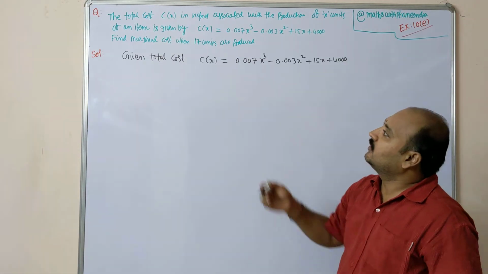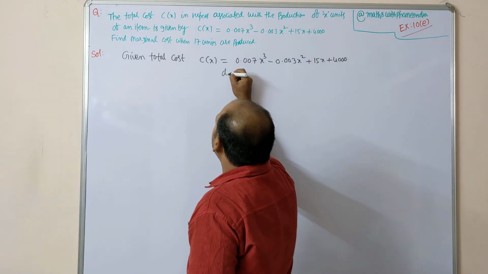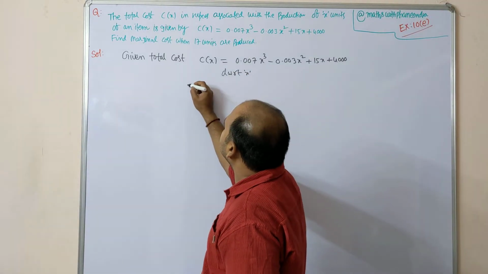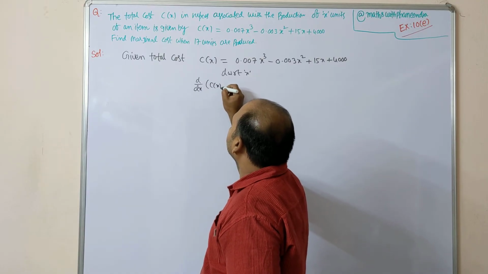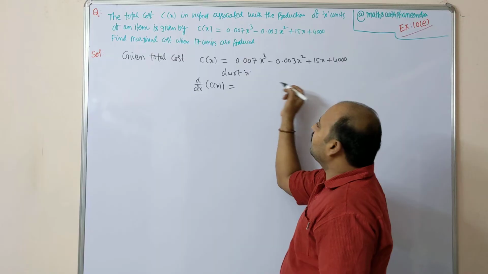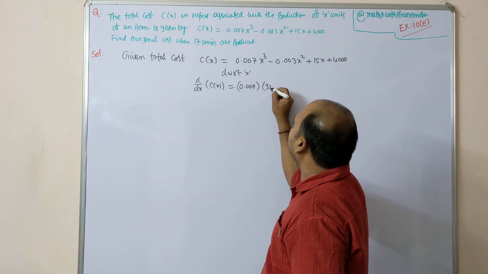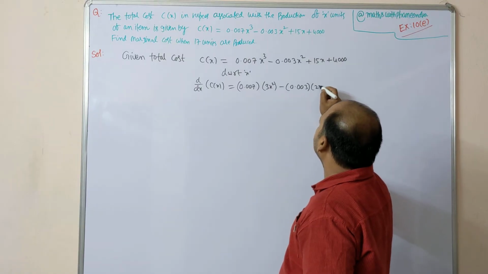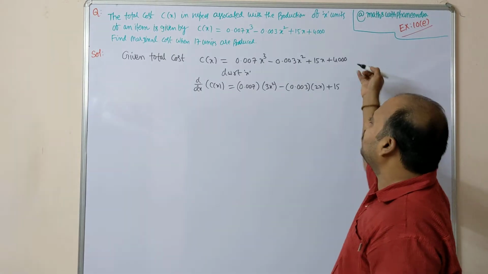To get marginal cost, we need to differentiate. Differentiate with respect to x, and you will get marginal cost. So d by dx of C(x) equals 0.007 into 3x squared minus 0.003 into 2x plus 15. The derivative of 15x is 15, and the derivative of the constant is 0.